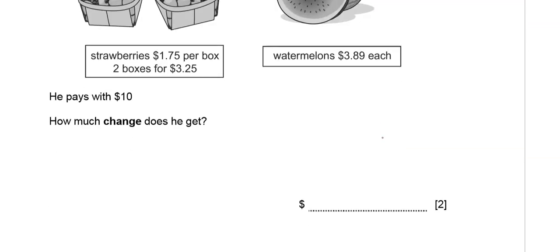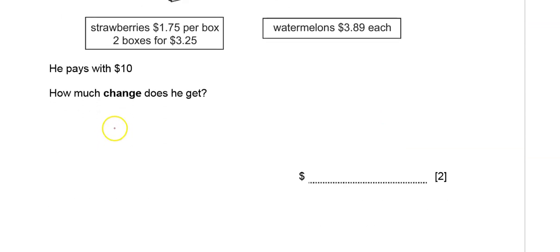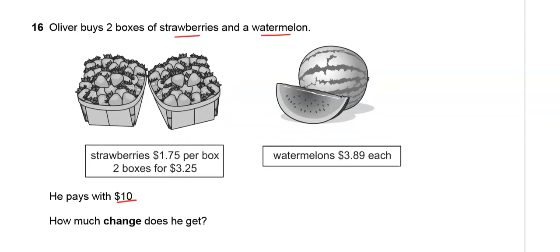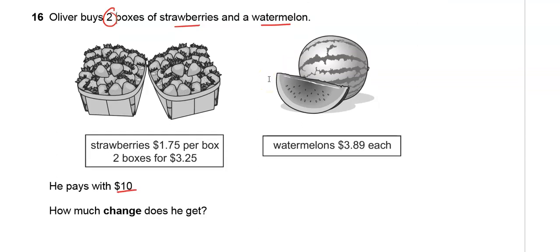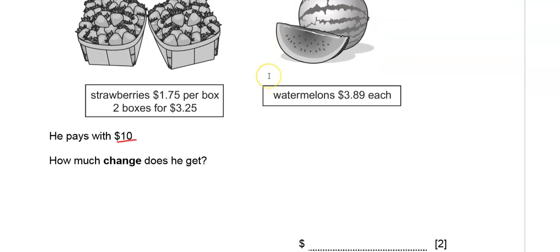He pays with $10. How much change does he get? So he has bought 2 boxes of strawberries and 1 watermelon. So strawberries are $3.25 and the watermelon is that.